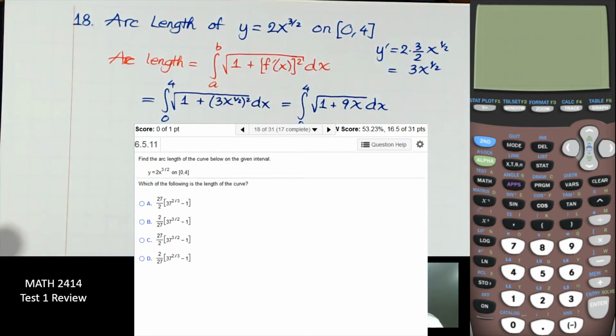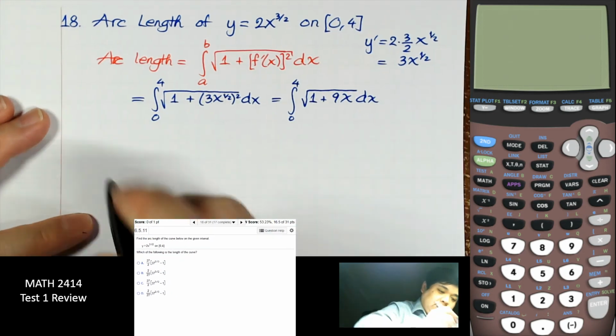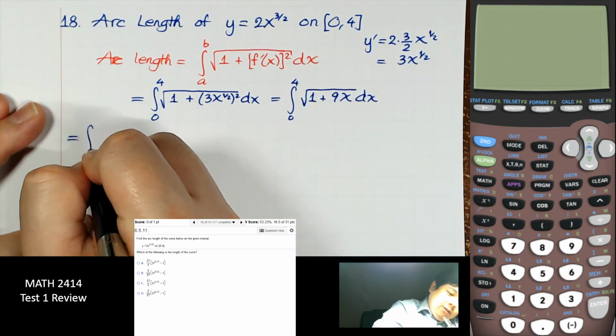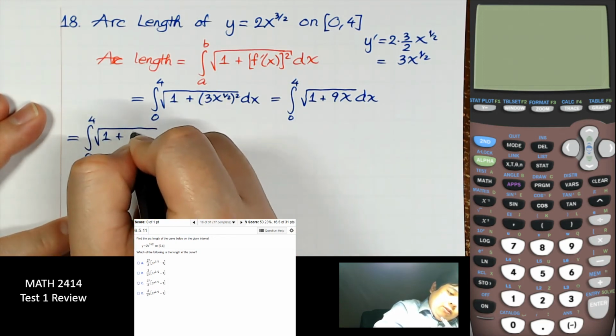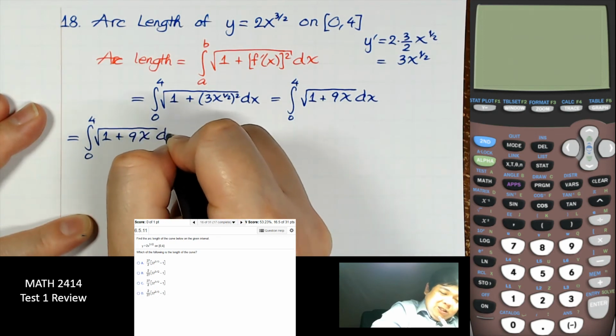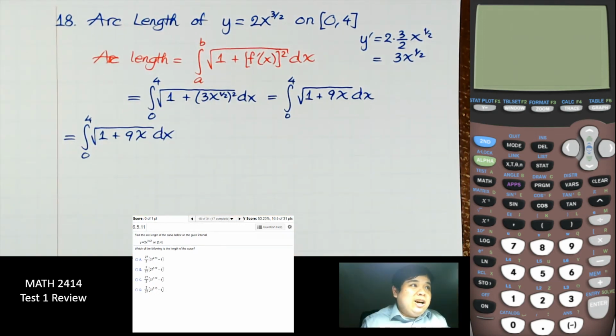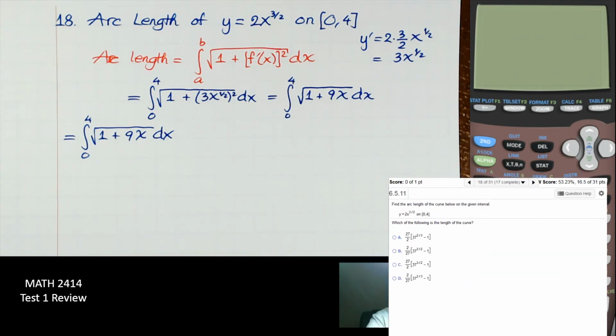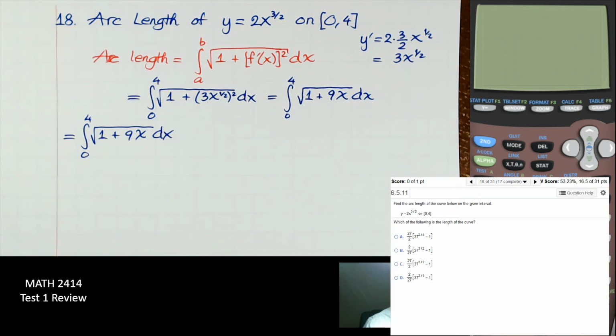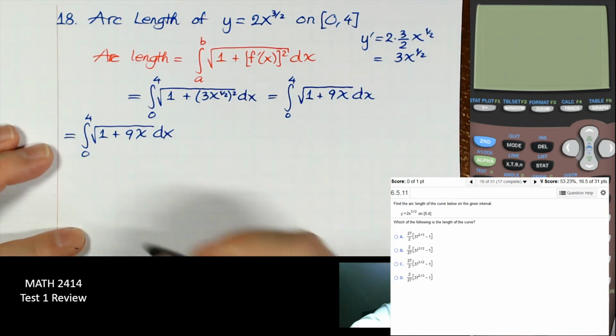So we just need to do that. Right, anyway, the answer is multiple choice, and none of this can be given by the calculator, so we will not be able to do this using the calculator.